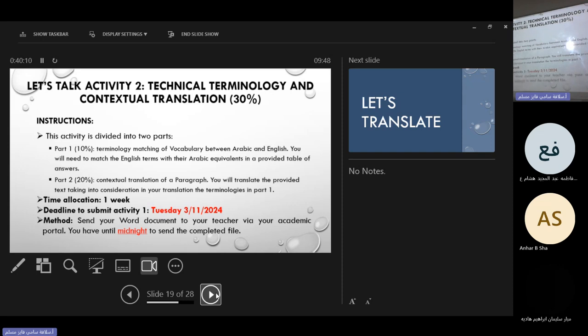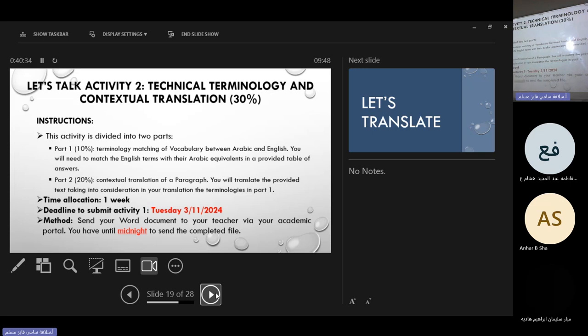You will be given a Word document with 2 exercises in it. The first one, part 1, is a terminology match. You have some terminologies in English and their translation in Arabic, so you just have to match them. Already 10 points there for you.